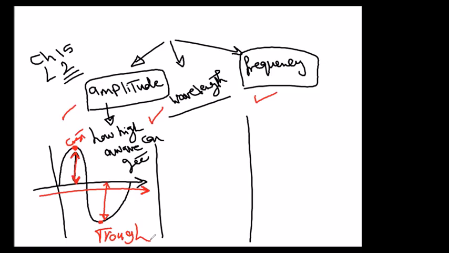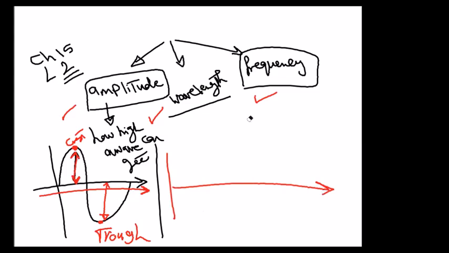The wavelength afterwards, the wavelength is the distance from one point on a wave to the same point on the next wave. So if I draw another wave like this, and that's a longitudinal wave.